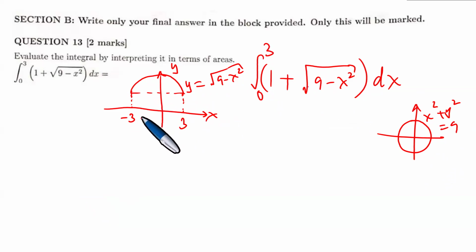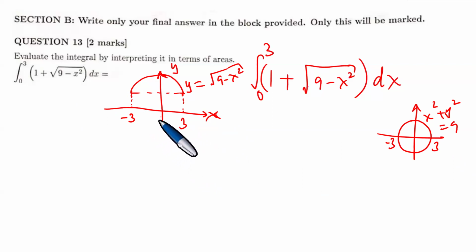Now this is y and this is x. If this is true, what are we able to do out of this? Between -3 and 3, this would be the drawing of the upper hemisphere of this circle.